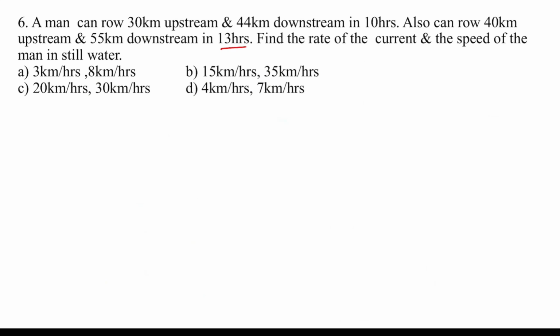So find the rate of the current and the speed of the man in still water. So they are asking us X and Y, both we have to find out. In the options we have two answers, isn't it? The first answer is always Y, because they ask to find the rate of the current first. So first is Y and second is X.